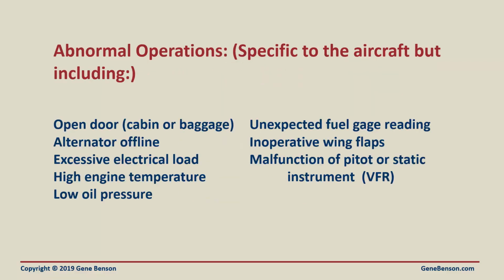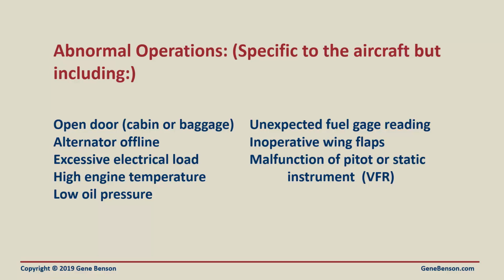Many general aviation airplanes don't have a checklist for abnormal procedures, but they should. Abnormal operations deal with situations that aren't emergencies, yet, but that can become emergencies if not handled properly. Here is a list of some abnormal situations. It is very helpful to have thought out the problem before it occurs and have a plan to deal with it.